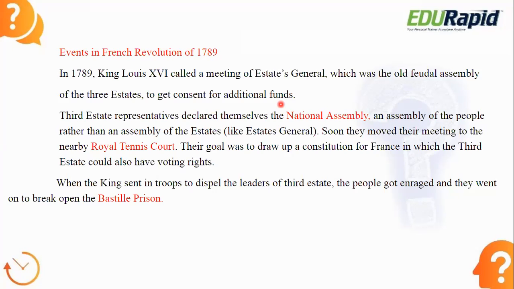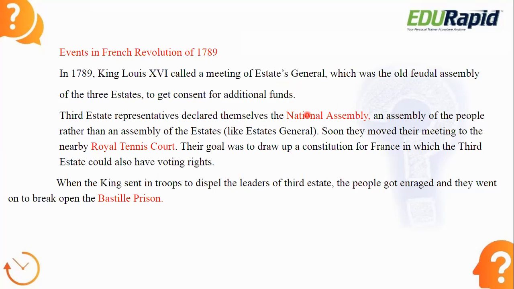Nobles and clergy did not agree to that. Because of that, the third estate representatives declared themselves the National Assembly. I hope you are getting the picture.